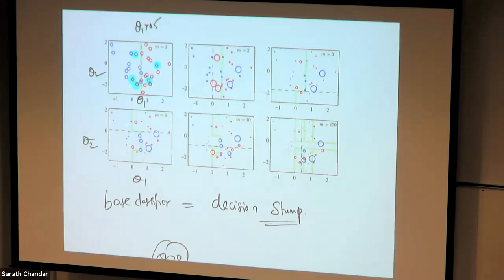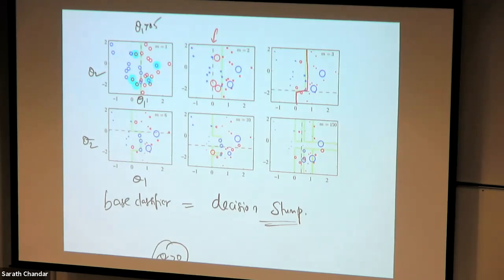Now this new classifier is what you see here, that black line. When you combine these two classifiers together, you get this complex, already nonlinear decision boundary.